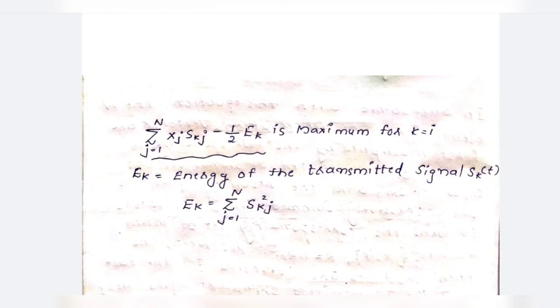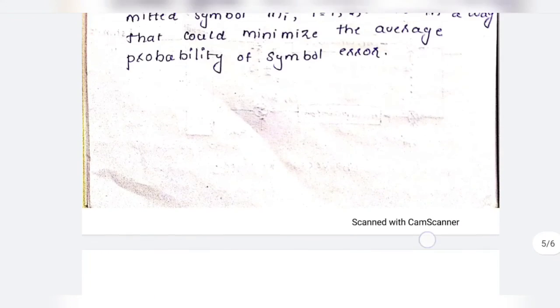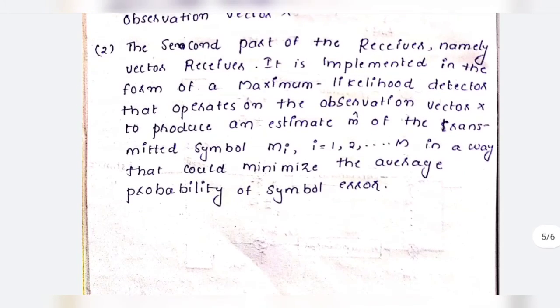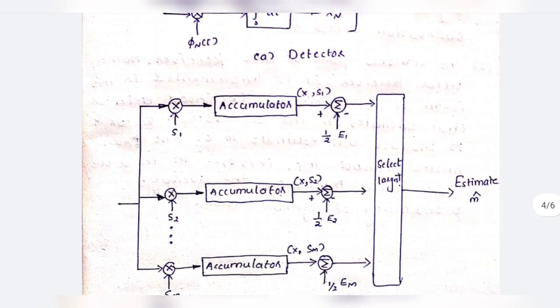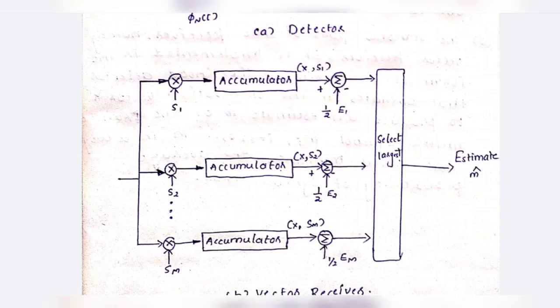In accordance with this equation, the N elements of the observation vector x are first multiplied by the corresponding N elements of the M signal vectors s1, s2, etc. sM, and the resulting products are successively summed in the accumulator to form the corresponding set of inner products x, sk, where k equal to 1, 2, etc. M. Next, the inner products are corrected for the fact that the transmitted signal energies may be unequal.